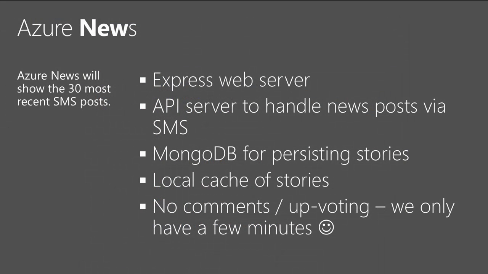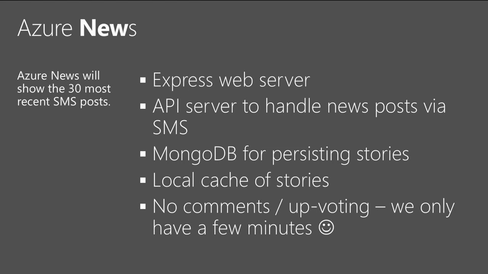But here's the 10-second spec for what we're going to try to build today. Azure News is going to show us up to the 30 most recent posts so that you guys can contribute. If anybody has a phone and has heard of text messaging, we will support that as an input method for the page. It's just a really simple couple of Node.js servers.